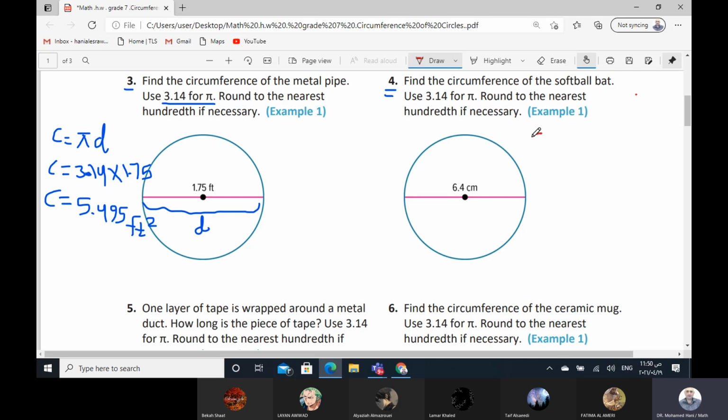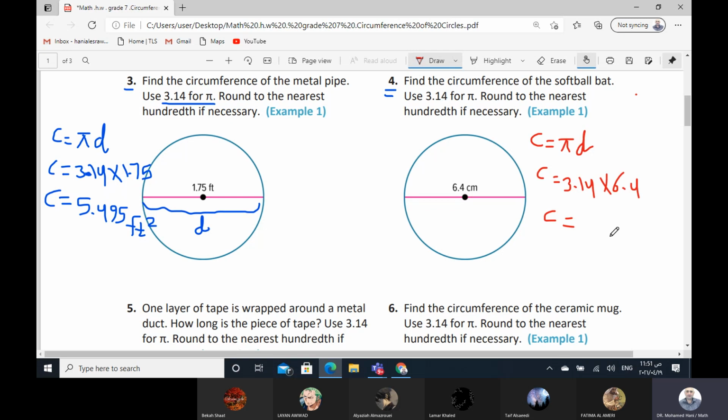So start from the formula, C equal pi times diameter. So the pi will be 3.14 times 6.4. Okay. Who can tell me what is the product here?